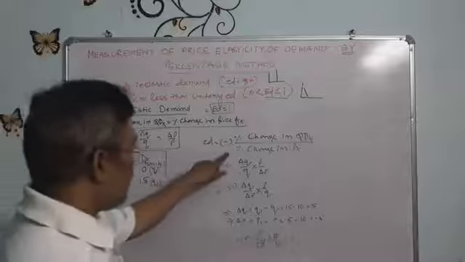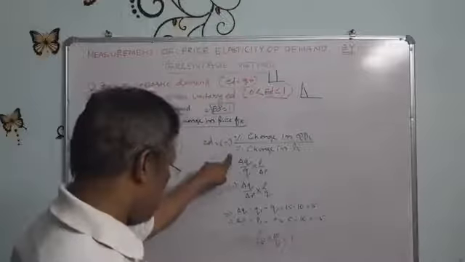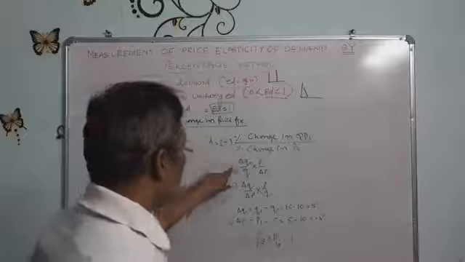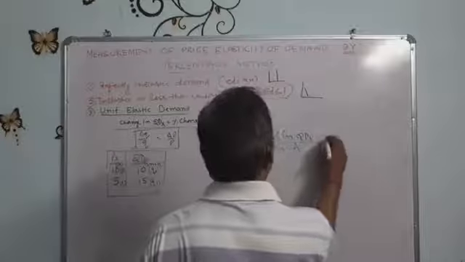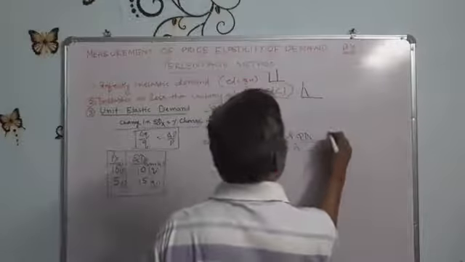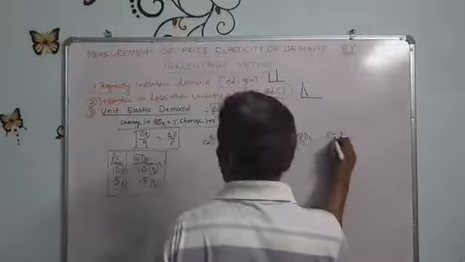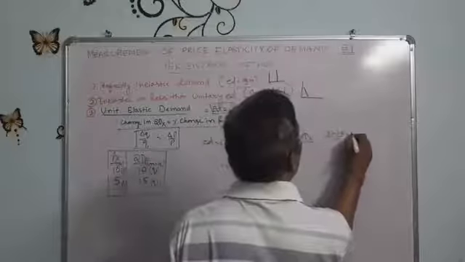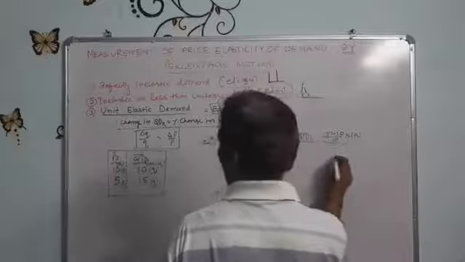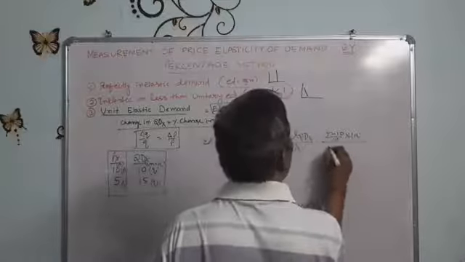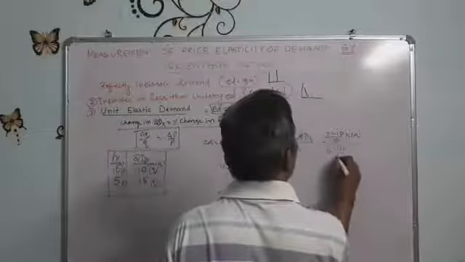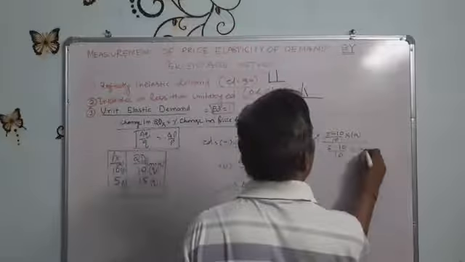So percentage change in quantity demanded of X, how much? That we can find out: (15 minus 10) upon 10 into 100, divided by (5 minus 10) divided by 10 into 100.